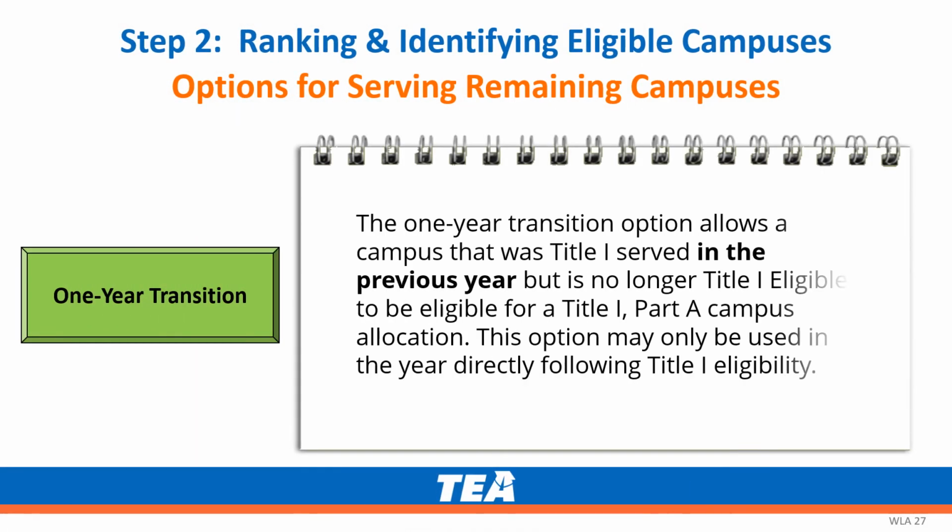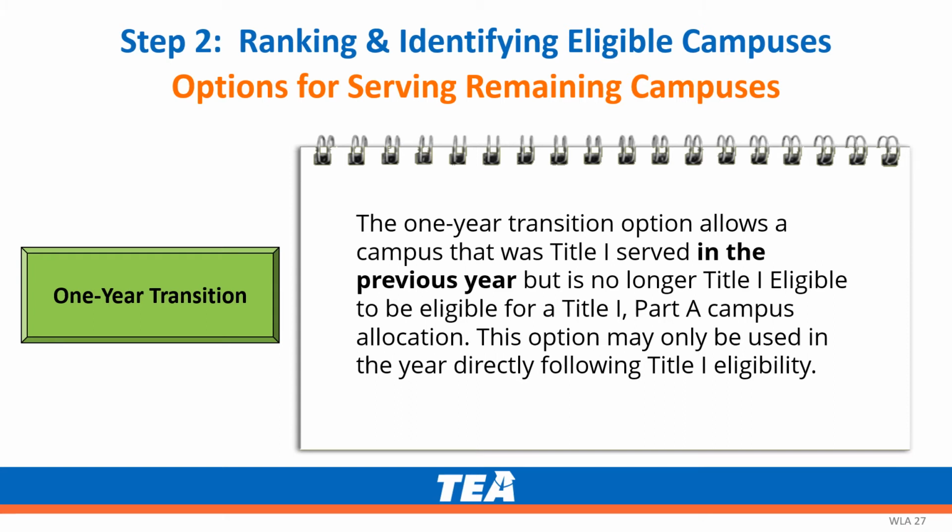We will now further examine the one-year transition option. The one-year transition option allows a campus that was Title I served in the previous year but is no longer Title I eligible to be eligible for a Title I Part A campus allocation. This option may only be used in the year directly following Title I eligibility.